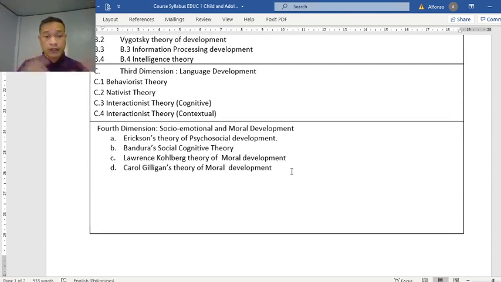The fourth dimension is the socio-emotional and moral development. This is quite a lengthy discussion, and should we say, interesting. We are going to work with Erikson's theory of psychosocial development, Bandura's social cognitive theory, Lawrence Kohlberg's theory of moral development, and Carol Gilligan's theory of moral development.